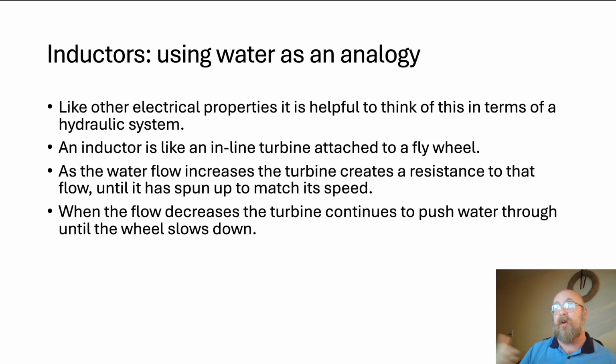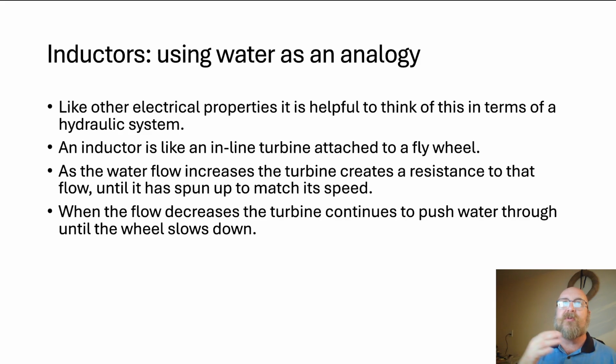So as the water flow increases, the turbine itself spinning up that heavy mass of the flywheel creates a resistance to that flow. So it creates a resistance to the flow of water through that turbine until it has spun up to match its speed. And then once it matches that flow, it's going to continue to go at that and it'll proceed as normal.